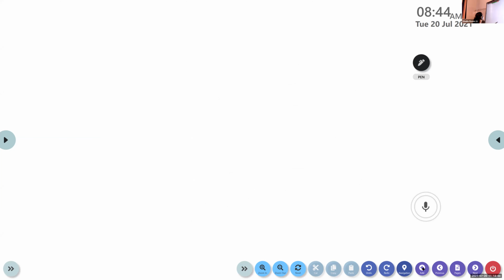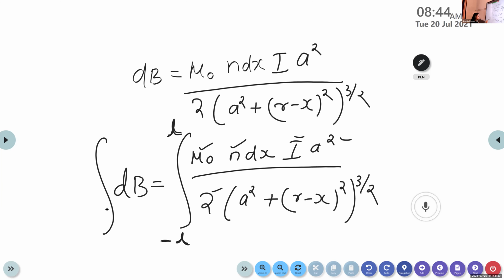And what is the integral of dB? The integral of the derivative of a function is the function itself, so the integral of dB is B itself.